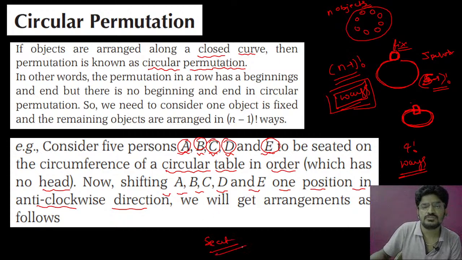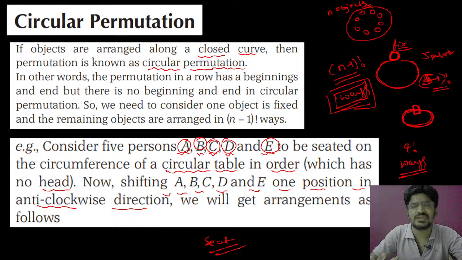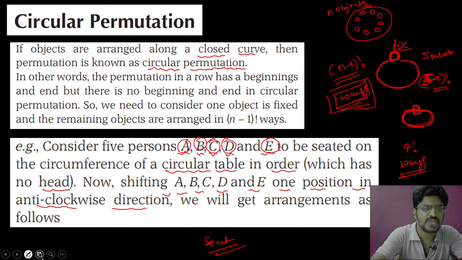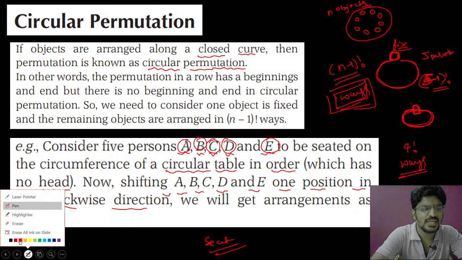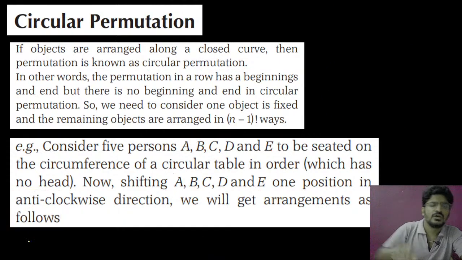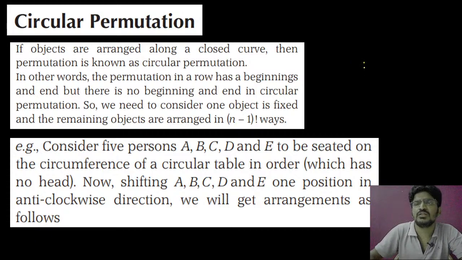I think this example can give you a very clear idea. There are 5 persons, and I want to make them sit in a circular shape at one table. Consider there is one table like this in a circular shape.